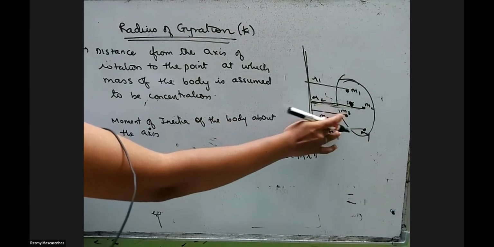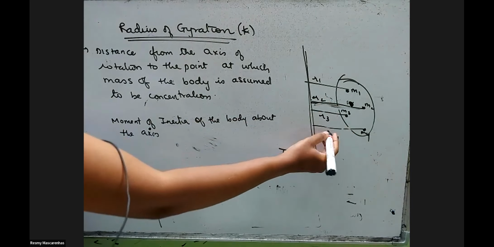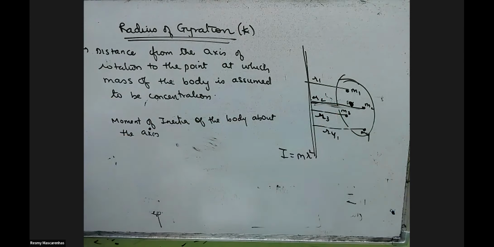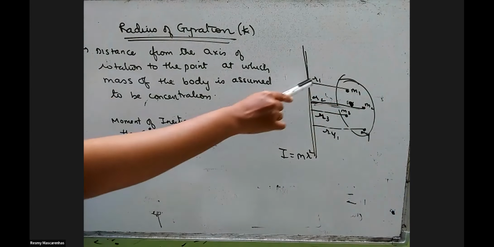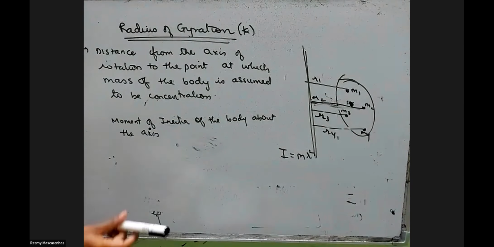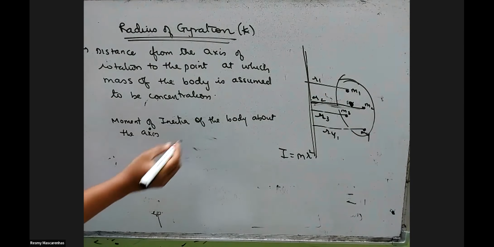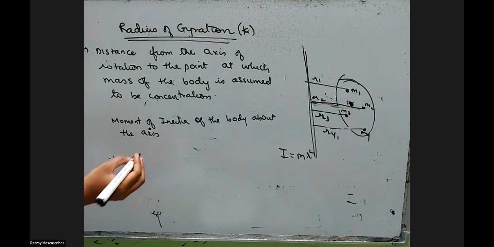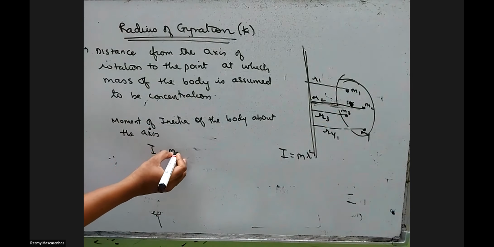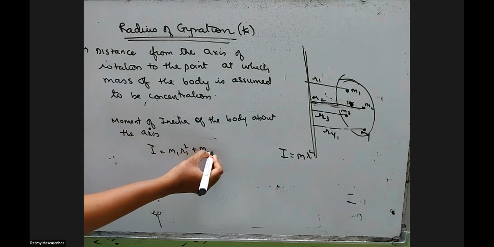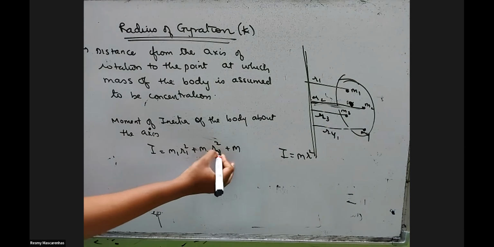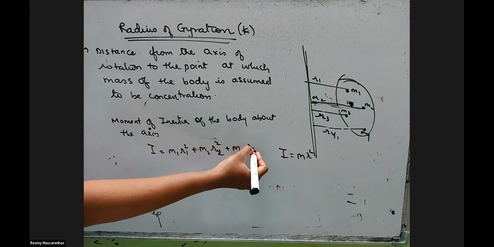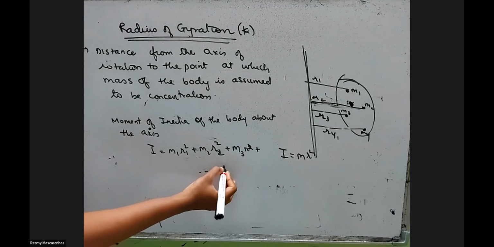This is R2, this is R3, and this is R4, the distance from here to here. Now we have to add all of them. There are n number of particles. I is m1 r1 square plus m2 r2 square plus m3 r3 square, and so on up till mn rn square.